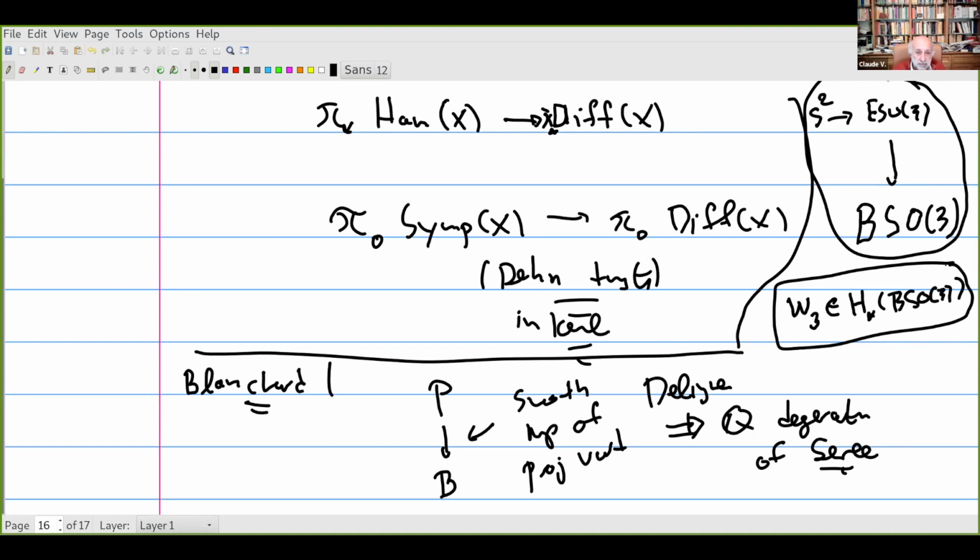However, this element dies upon taking loops. If you pass through the loop space and look at the associated maps, then it's not a problem. I find this very interesting, because it suggests that basic things from algebraic topology already tell us constraints on how much we can expect to push this vanishing.